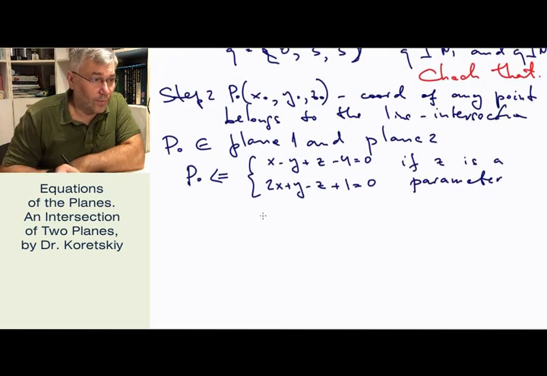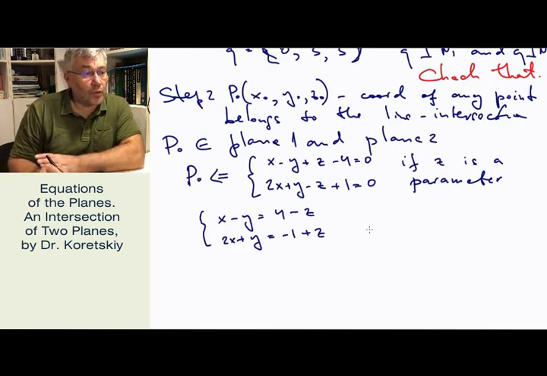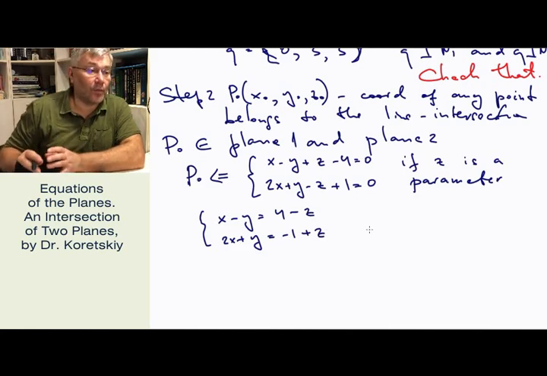We have the system of equations x minus y equals 4 minus z and 2x plus y equals minus 1 plus z. We have 2 equations and 2 unknown variables x and y, and z here is a parameter.